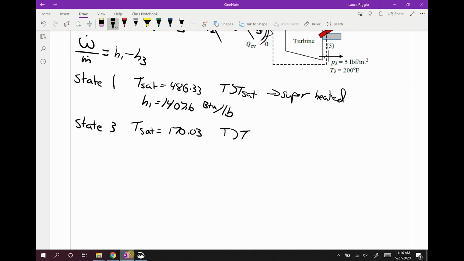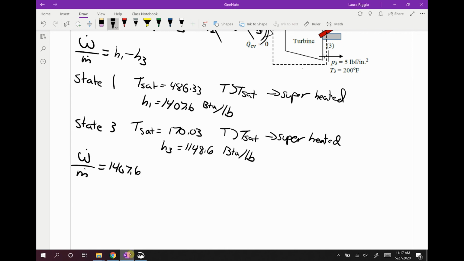Our temperature is still greater than our saturation temperature, so we're still superheated. And H3 is equal to, so work per unit mass is equal to 259 BTUs per pound.